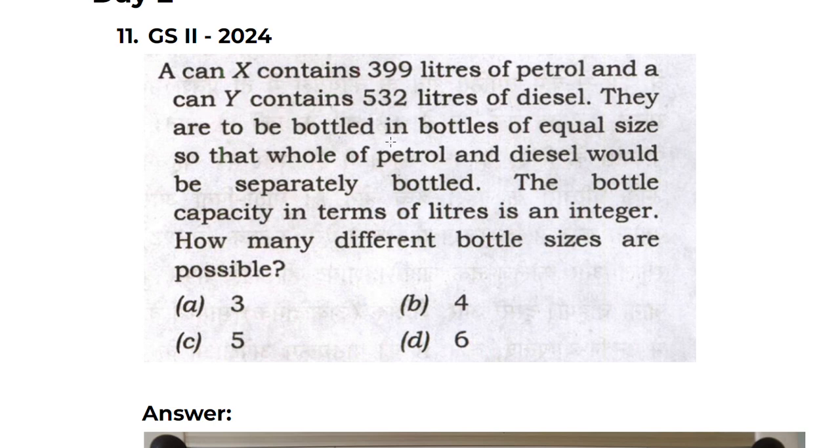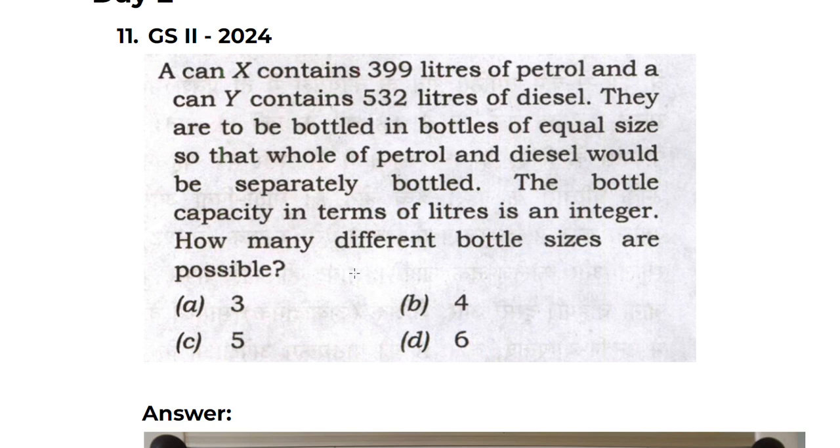So you have to bottle both diesel and petrol separately in equal sized bottles. Then they are asking that the bottle capacity in liters is an integer. Yes, it is an integer, one bottle, two bottles, right? And how many different bottle sizes are possible?